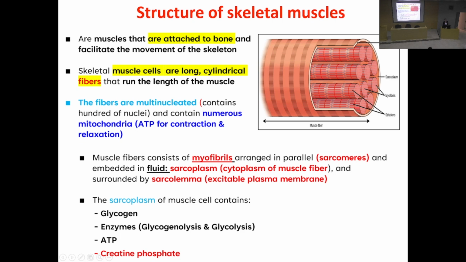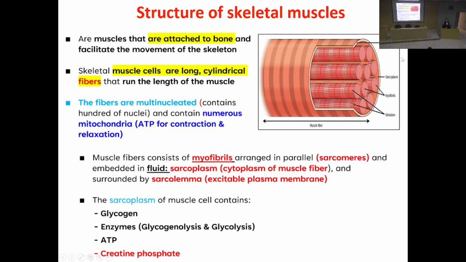In terms of structures, you can see that the muscle cells are structured in what we call myofibrils. They are kind of cylindrical fibers. We call them myofibrils, and they are embedded in the cytoplasm of the muscle, which we call the sarcoplasm. All these structures are surrounded by a membrane called the sarcolemma.